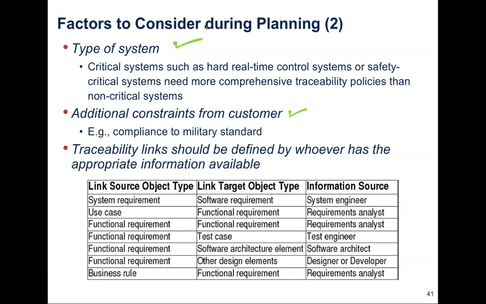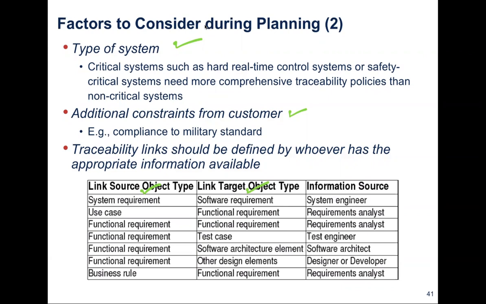As you can see in the following tableau, we have information about the link between a source object and a target object, and of course the information source, who has the appropriate information available about this link.